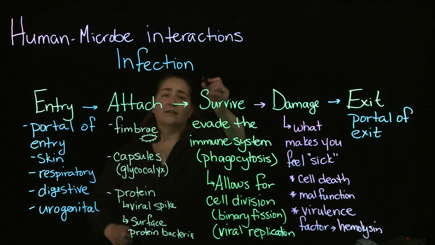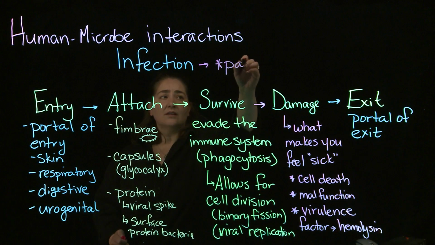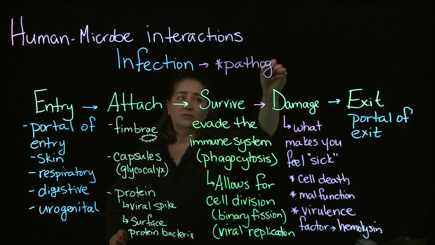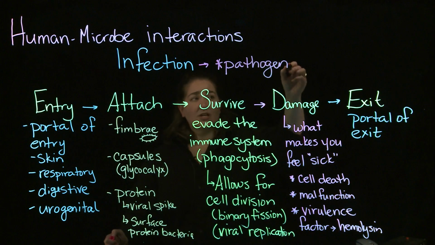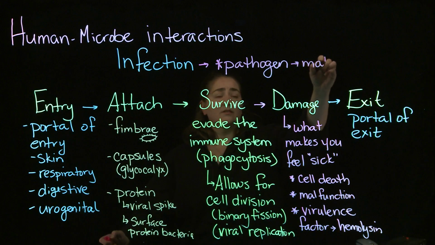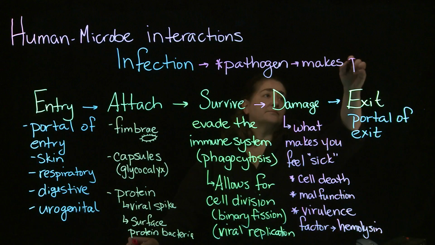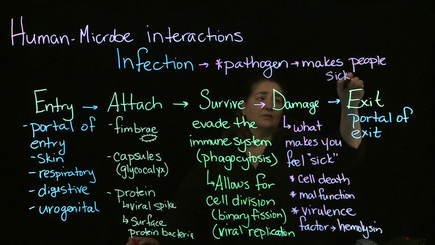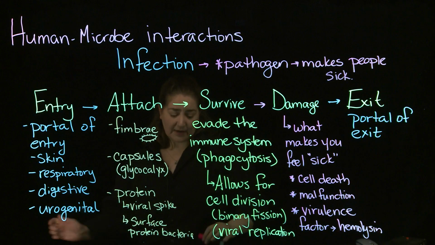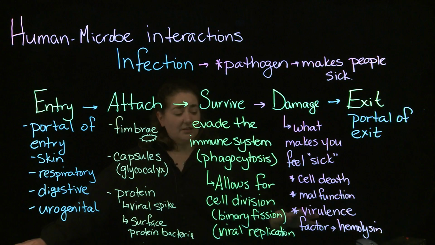And keep in mind, in order for that infection to happen, we have to have a pathogen, all right? And really that definition of something that's pathogenic, for this class anyway, is something that's going to make people sick, okay? And typically bacteria or viruses, if they're pathogenic, especially with bacteria, a lot of times they make those virulence factors.